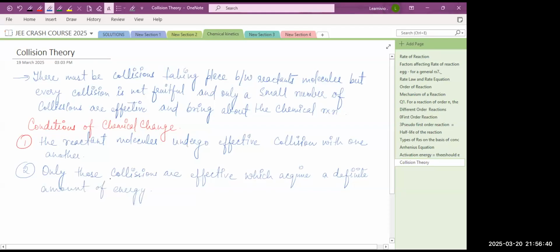And we know that threshold energy is the minimum amount of energy required by the reacting molecules to produce effective collision.